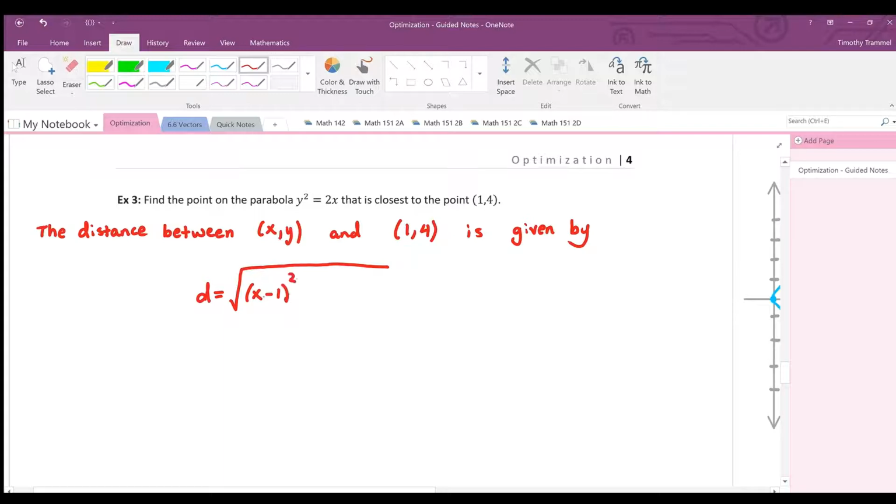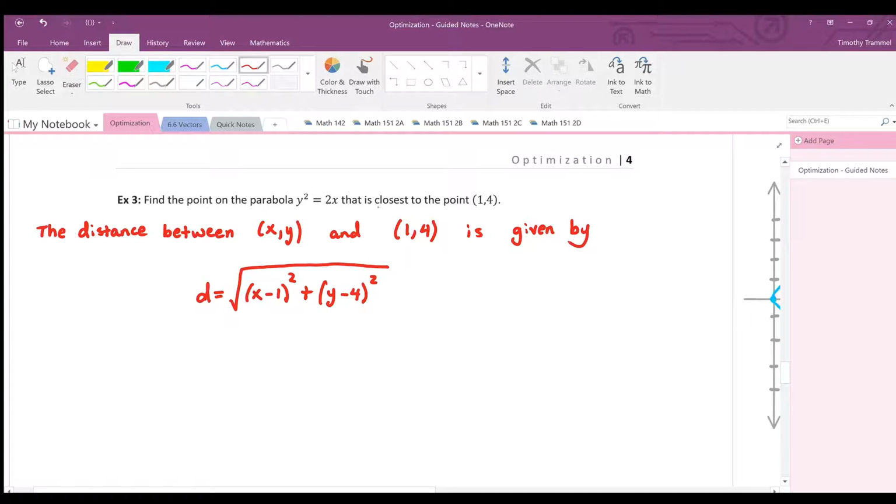So this is just subtracting the two x values, or finding the distance between the two x values and squaring them, plus the difference of the two y values and then squaring them. So this is the function that we want to minimize.